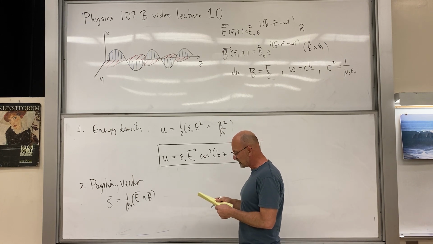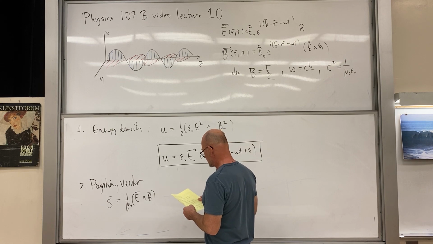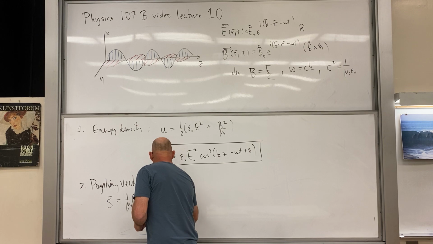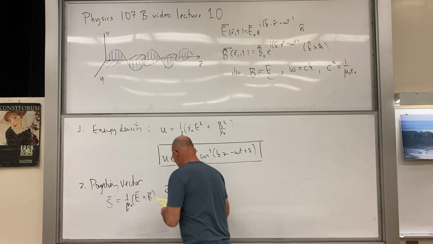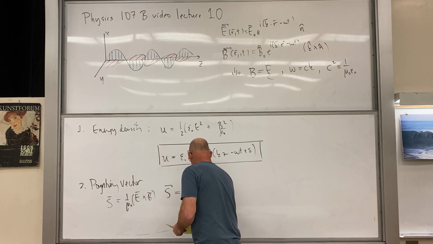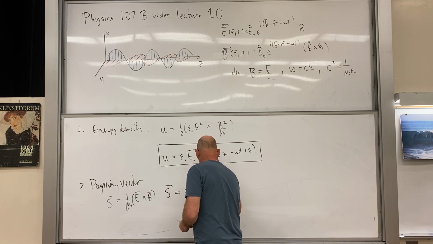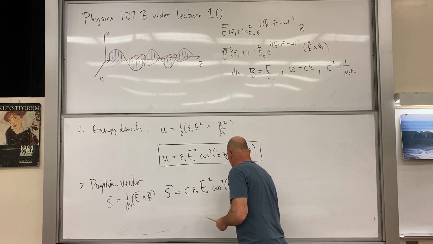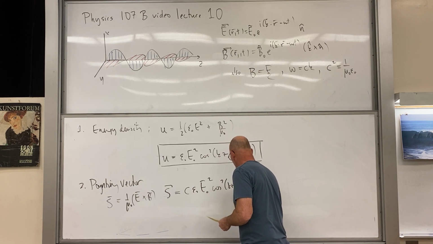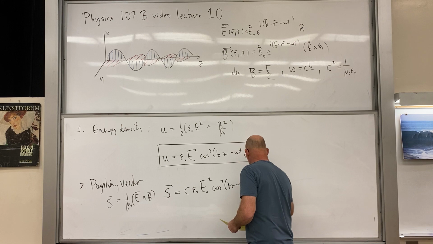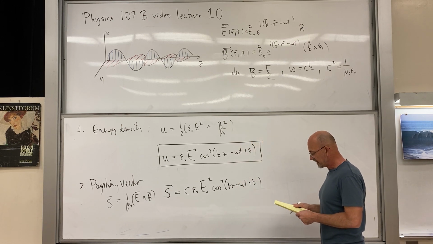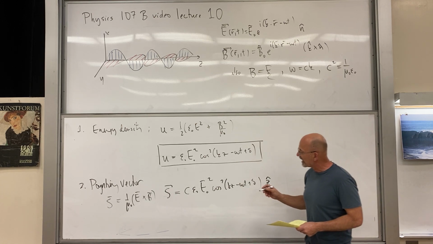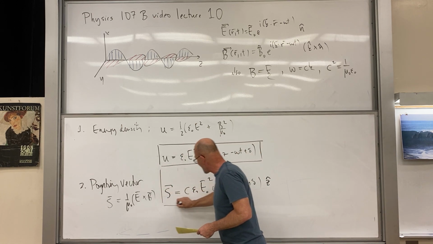And it is a vector. And doing the same thing I've done here, we're going to have S is equal to c epsilon naught E naught squared cosine squared (kz minus omega t plus delta). So we've got the real parts. And this, of course, is in the z hat direction.